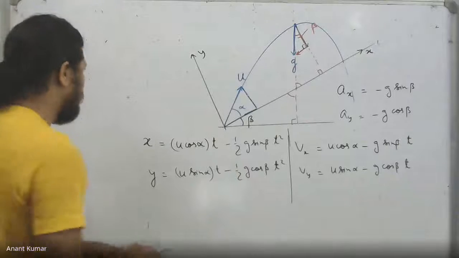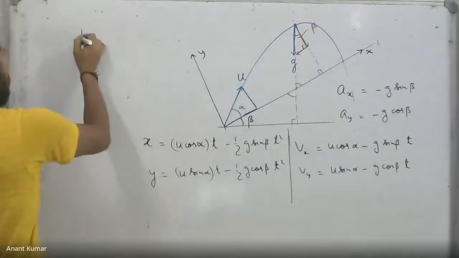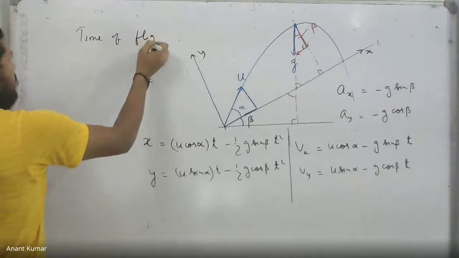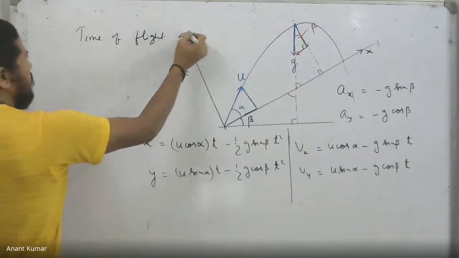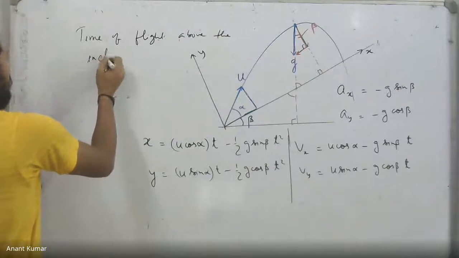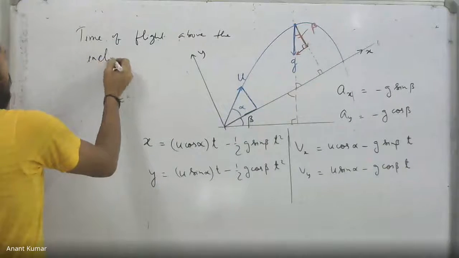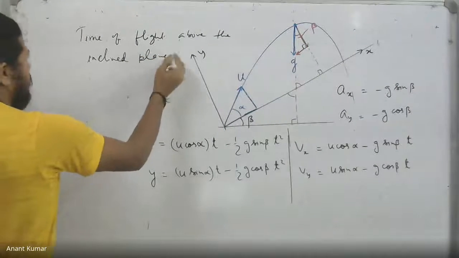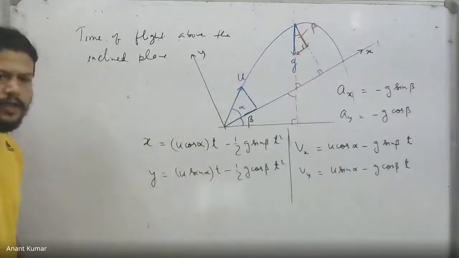If I put y equal to 0, the time of flight above the inclined surface can be obtained by setting y equal to 0.